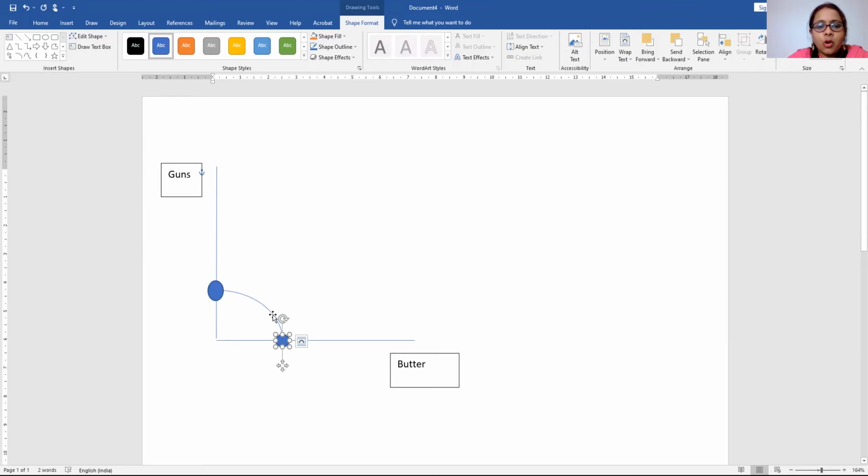And all the combinations on this line can have different amounts of gun and butter. If I want to produce more guns, production of butter has to come down. Why is that?